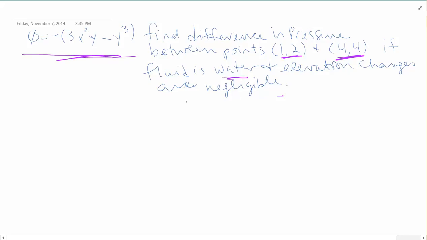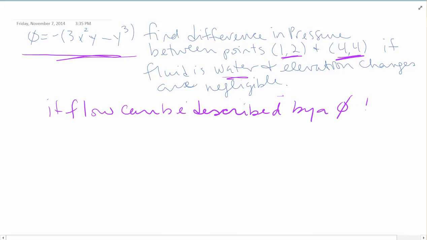Now, first thing we need to recognize is if the flow can be described by a velocity potential, that already tells us that we've got irrotational flow. That's going to be important to realize.